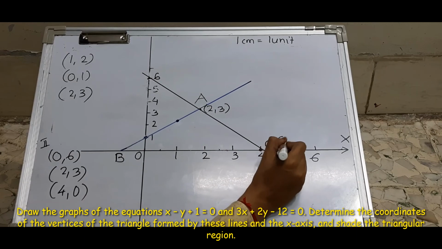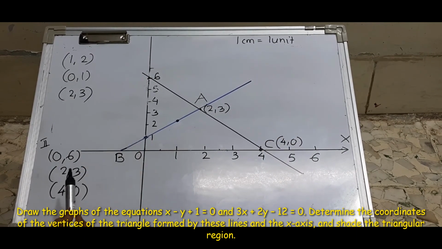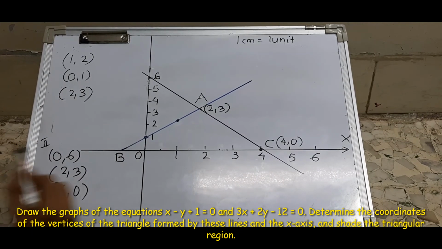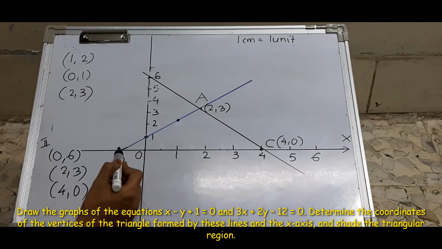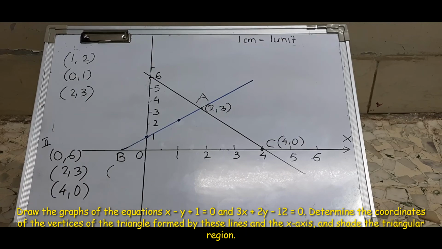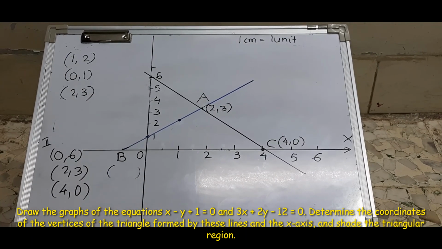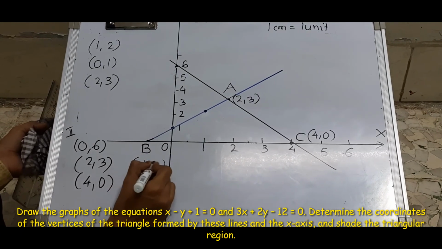I know the coordinates of C: 4, 0. The moment you draw it on your graph paper, you will get the coordinates of B. Okay? So you can find triangle A, B, C. You can find the coordinates of B from the graph. It should be something, 0. I'll tell the answer. So if you see, it will be -1, 0.